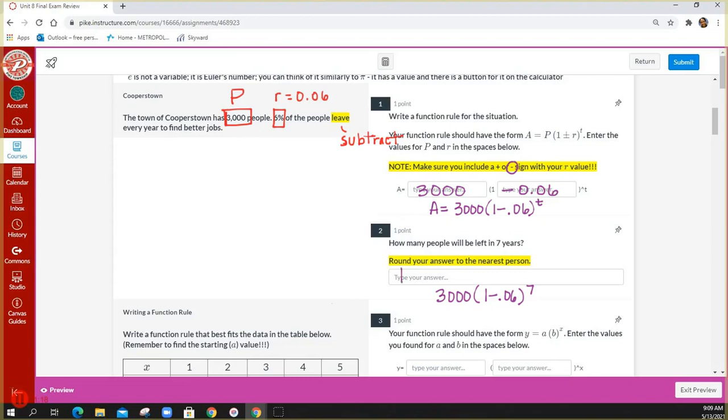So you can enter 1945 people. That's how many people will be in the town. And again, you should only put digits. So just type in 1,945.